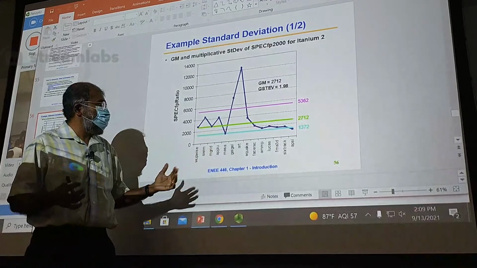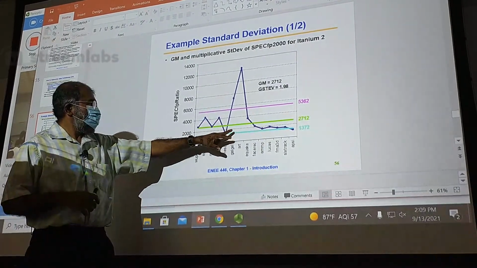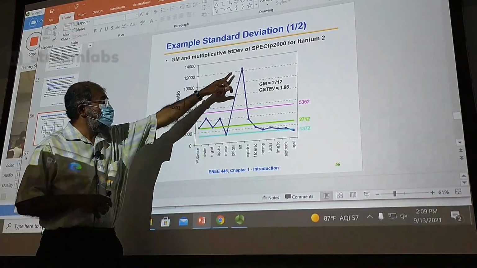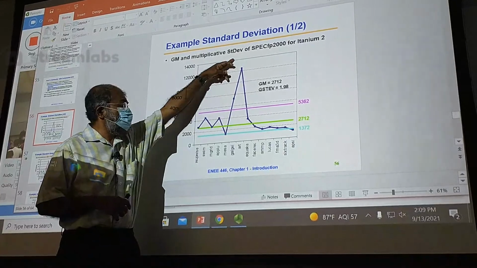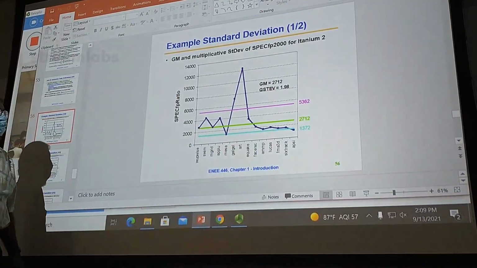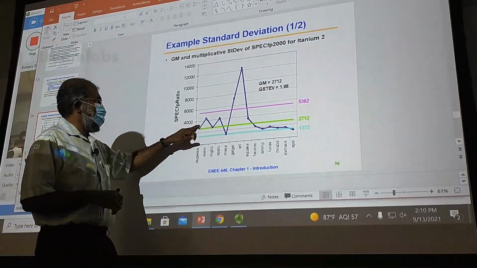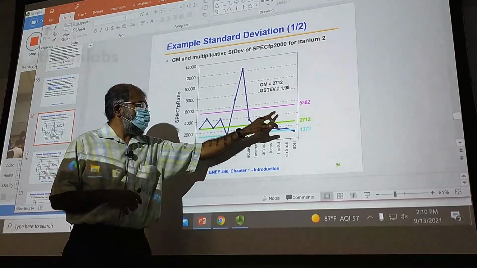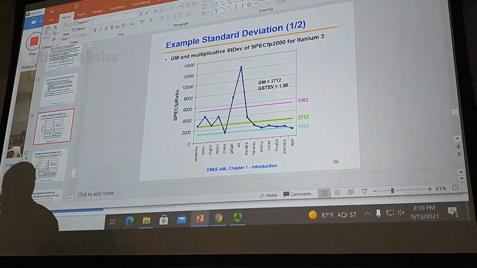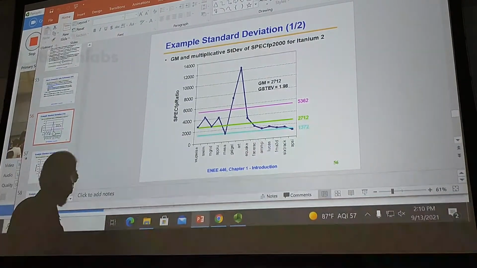The arithmetic mean, just looking at that, maybe it could be slightly above, because this is clearly a big outlier which will skew the arithmetic mean more than the geometric mean. So the arithmetic mean could probably be somewhere there, whereas the geometric mean is this green line. And when you use geometric mean, we have the geometric standard deviation.